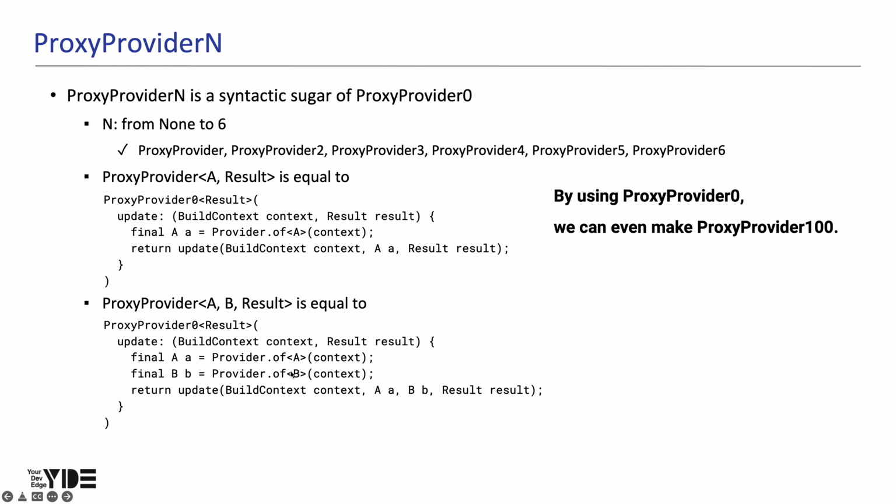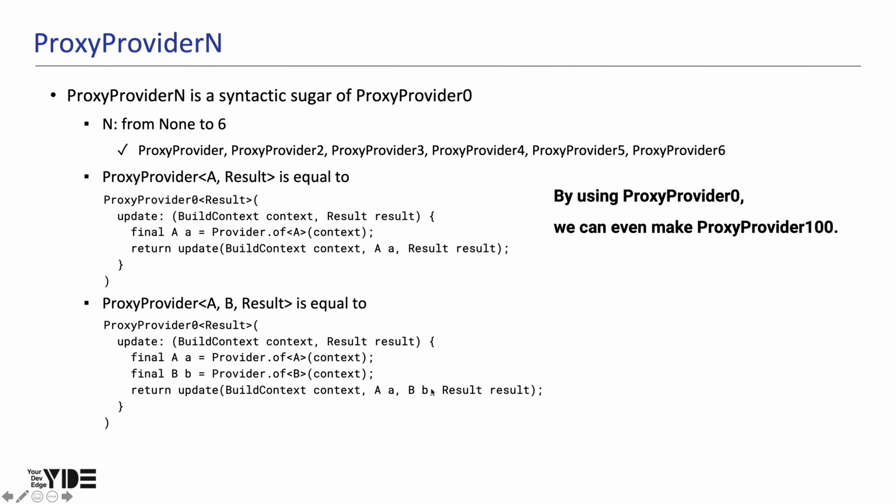In the same way, the ProxyProvider2 AB result is equal to the ProxyProvider0 result below. In the update callback of ProxyProvider0, the instance of object A is read from the widget tree, stored in the variable A. Similarly, the instance of object B is read from the widget tree, stored in variable B, and then the update function is called.